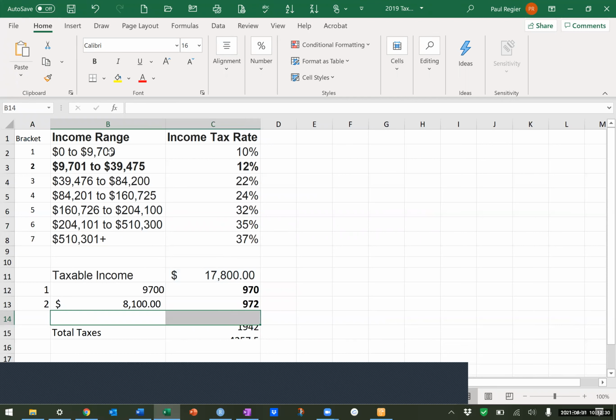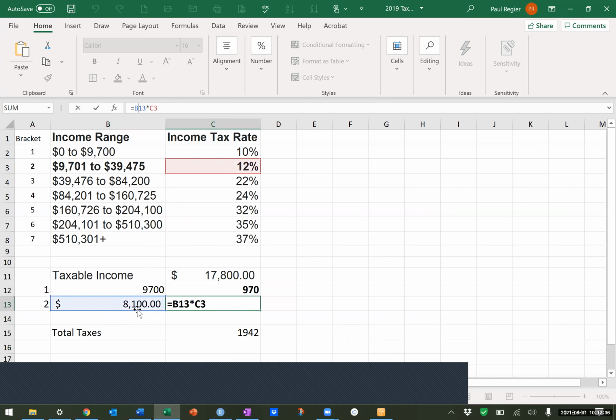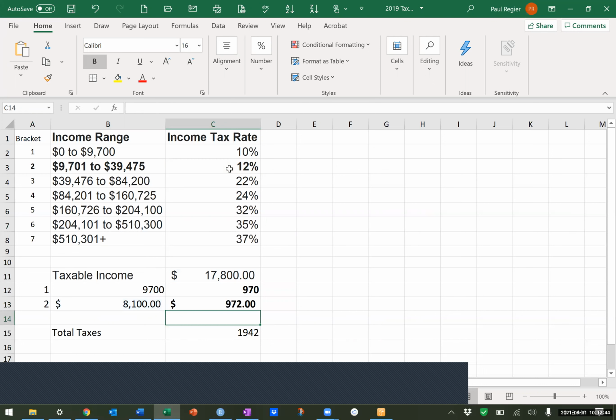And I delete that row. Notice this is already updated. It took this bracket of taxable income, multiplied by the tax rate for that bracket, and added them up. So that's your tax.